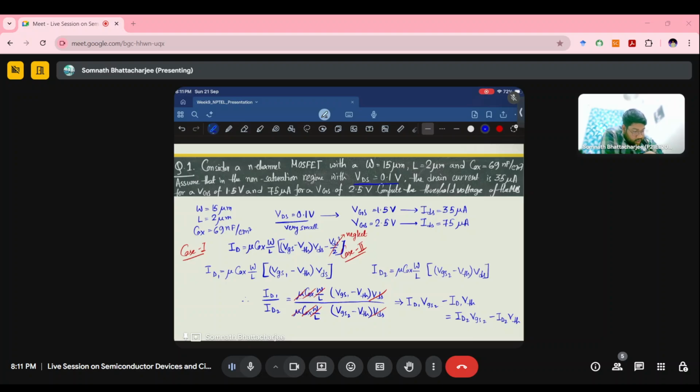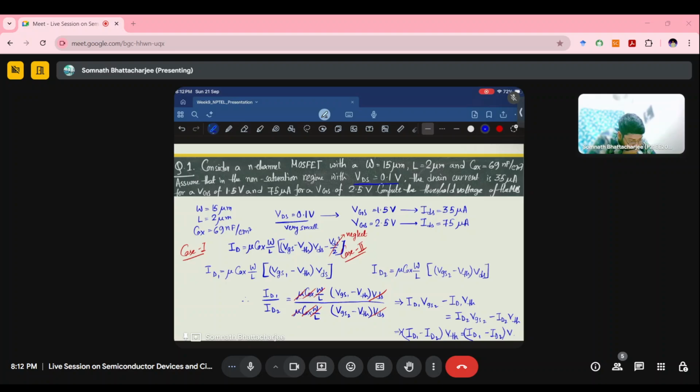Now, if we write this, it will be ID1 minus ID2 multiplied by VTH equals ID2... sorry, ID1 minus ID2 multiplied by VTH.